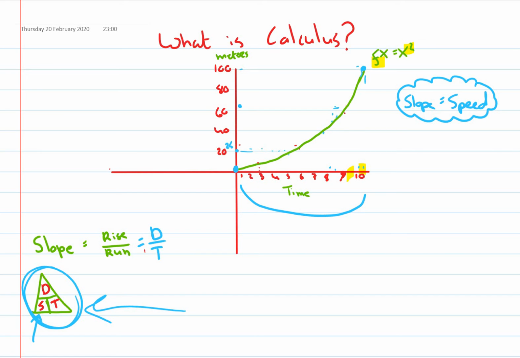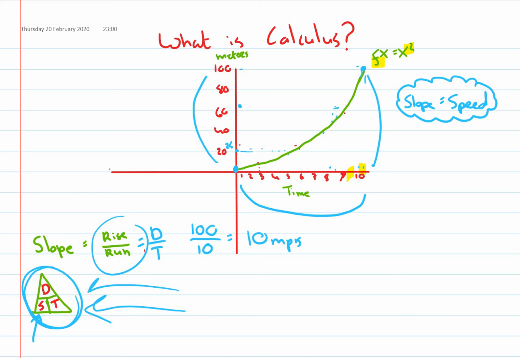From here to here is 10 seconds. Okay, but it's also a run of 10. And then from here to here is 100, which is a rise of 100, which is 10 meters per second. And that's the exact same. If I do it this way, the rise over run, or if I do it this way, the distance over time, it works out the exact same.